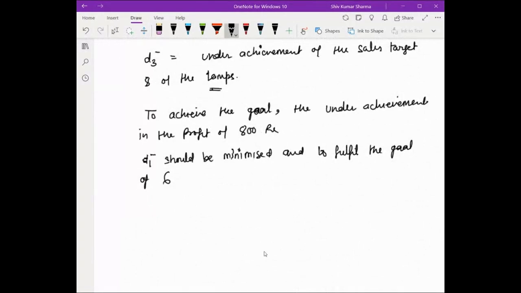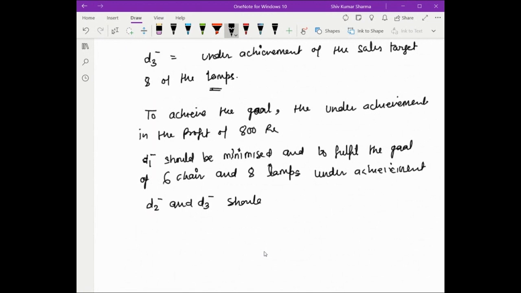So for fulfillment of this, the goal of 6 chairs and 8 lamps, underachievement, so this is for D2 minus and D3 minus should also be minimized.